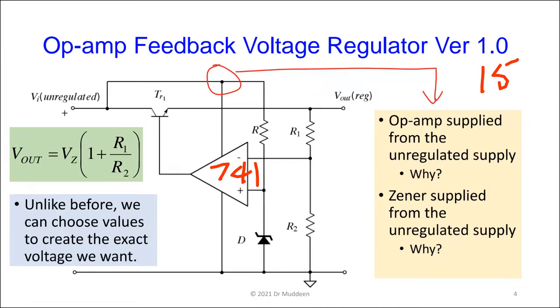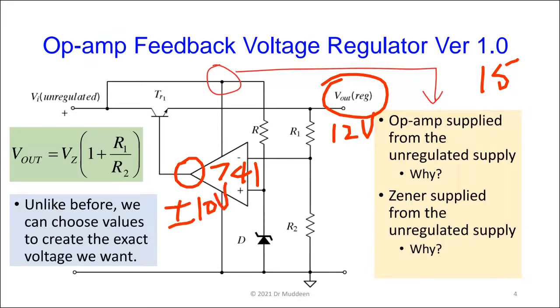So if I decided to power the operational amplifier from V out, and V out was a nice 12-volt supply, the maximum voltage swing I could get is probably just going to be plus or minus 10 volts. Or in this case, supplying it from a single-ended supply, the maximum output I'm going to get is just plus 10 volts.